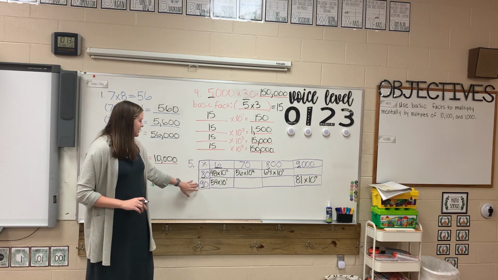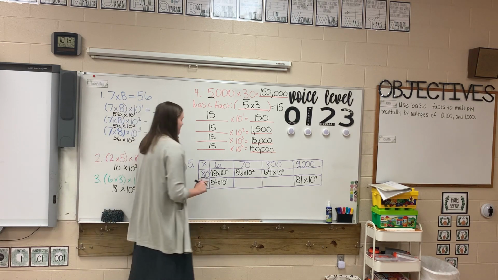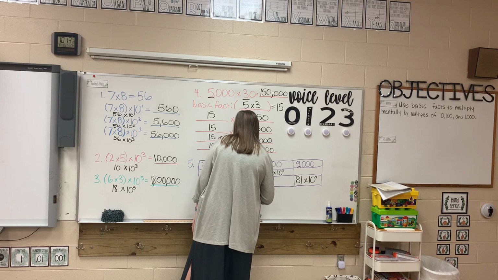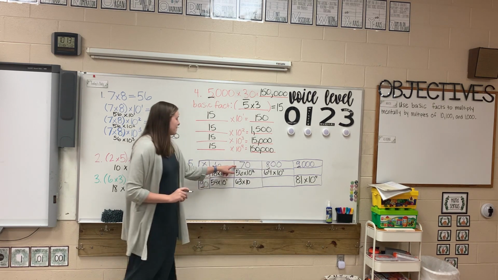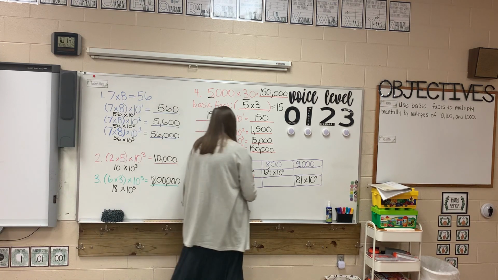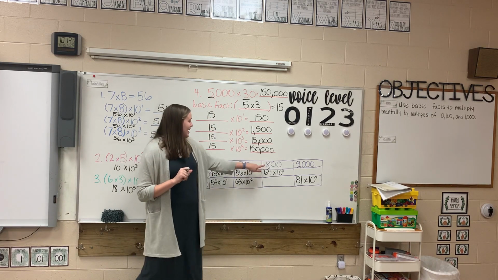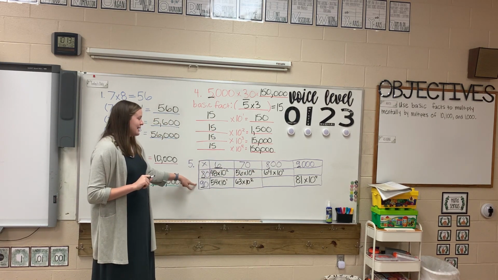70 times 90. What is 7 times 9? What power of 10 are we going to use? How many zeros? 2. We just have 2 more to go. 800 times 90.